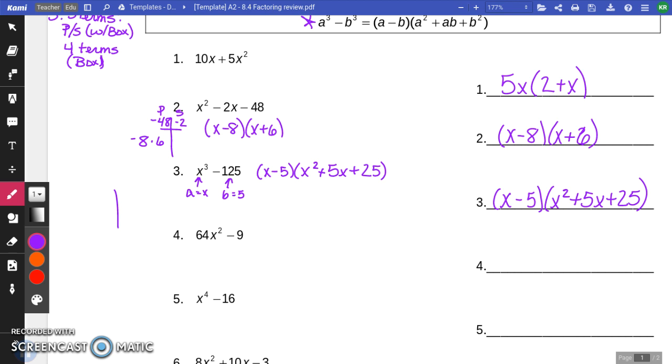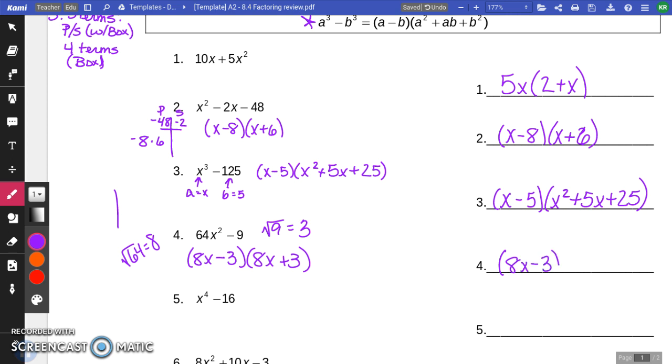Think square roots. The square root of 64 is 8, and the square root of 9 is 3. They're both perfect squares, so that fits the difference of squares. So this is going to be 8x minus 3 and 8x plus 3. Okay, so that's your difference of squares.